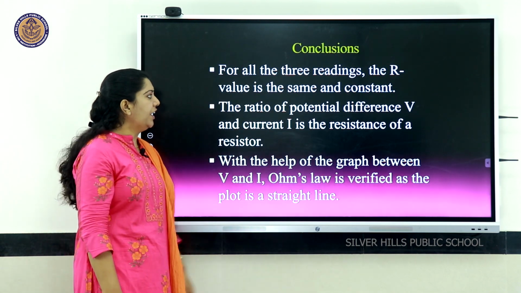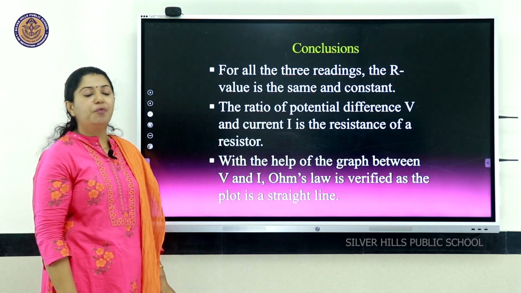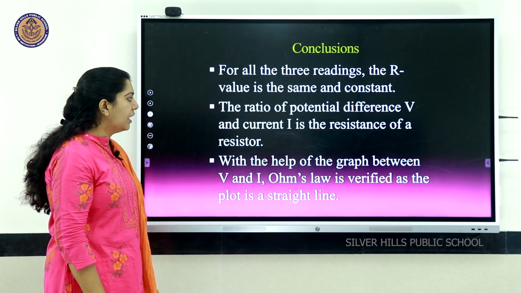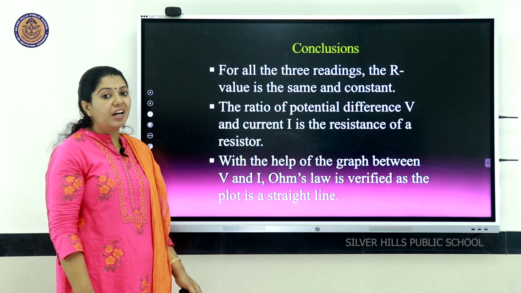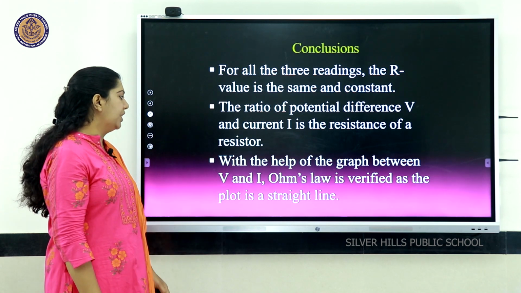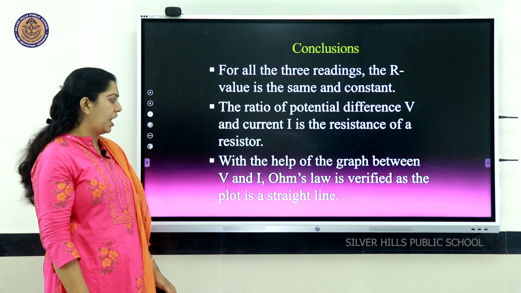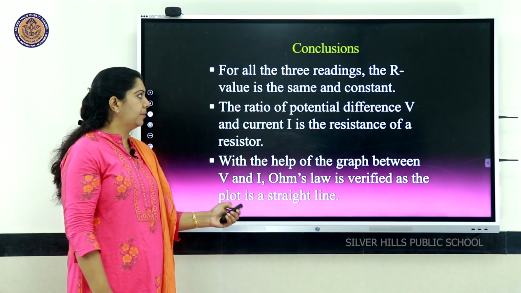For all three readings, the R value is the same and constant. The ratio of potential difference V and current I is the resistance of a resistor, R is equal to V divided by I. With the help of the graph between V and I, Ohm's law is verified as the plot is a straight line.